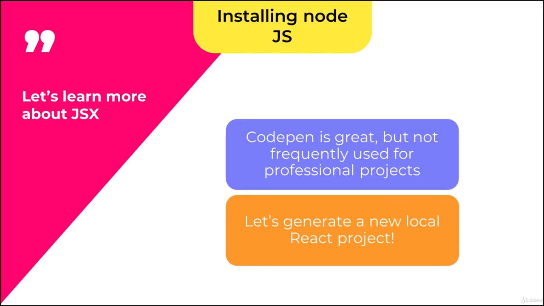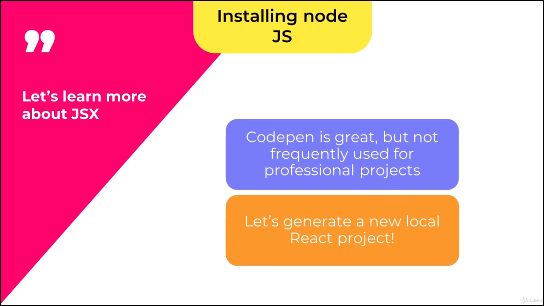So rather than continuing to use CodePen, we're going to move over to our local code editor, and we're going to generate professional work on React projects. Then, when you're a professional, you can go back and use CodePen, but I want you to know how it works. So we need to generate new React projects on the local computer in order to do so.